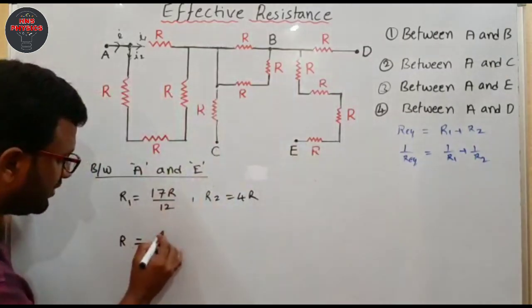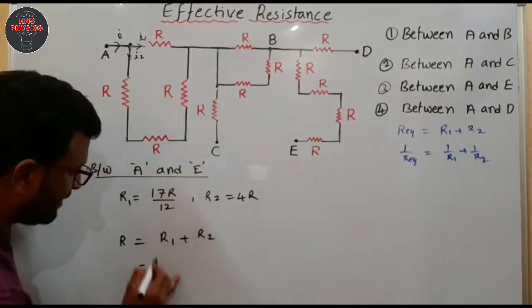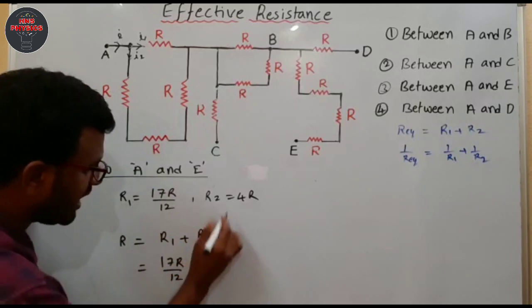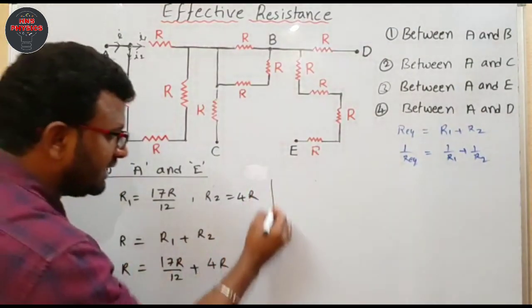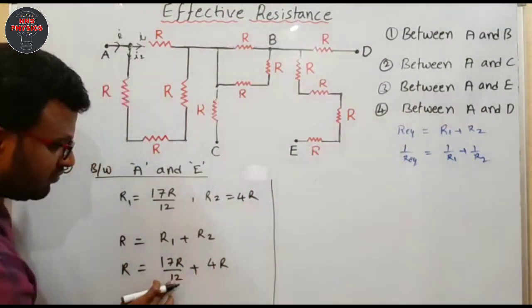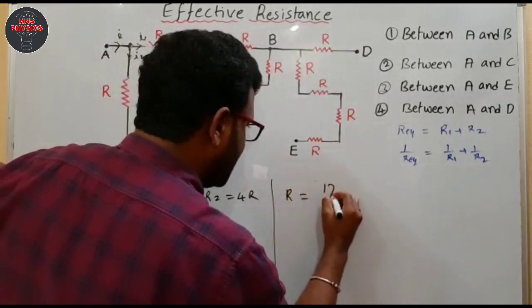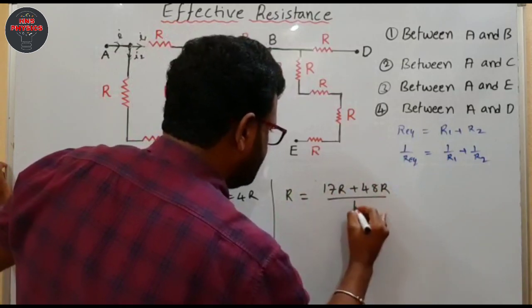That is R equals R1 plus R2. R1 is 17R by 12 plus R2, which is 4R. Now take the LCM, 12 times 4 is 48. So R equivalent equals (17R plus 48R) by 12.